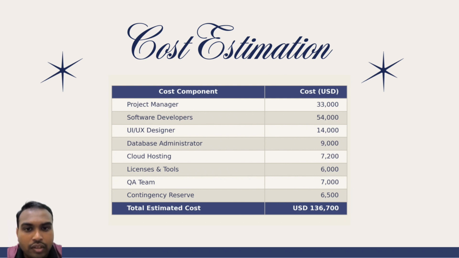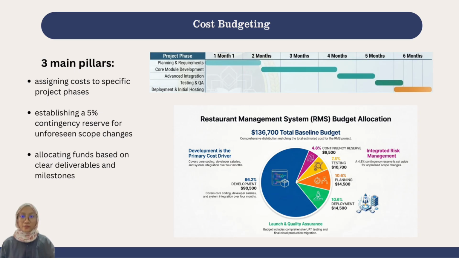Other costs include the UI/UX designer, the database administrator, cloud hosting, software license tools, quality assurance teams, and a contingency reserve for unexpected expenses. Based on these estimates, the total project cost is 136,700 USD.